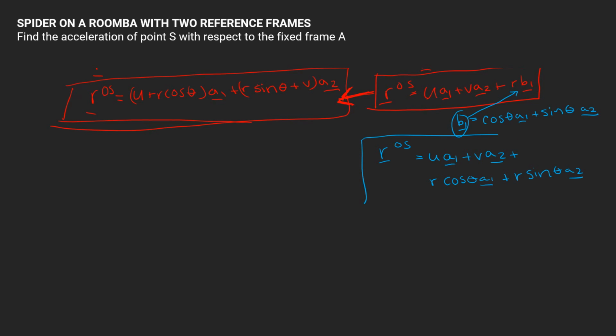And so now this answer here is the exact same answer as we got using the other approach. And this should not come as a surprise, because this is the same position vector, and we must get the same answer regardless of what method we use. So I just wanted to emphasize that.